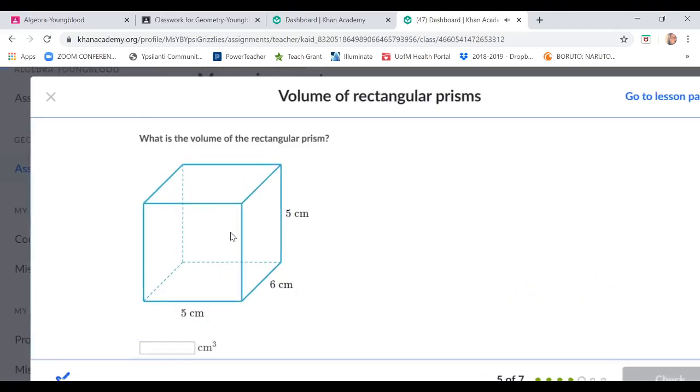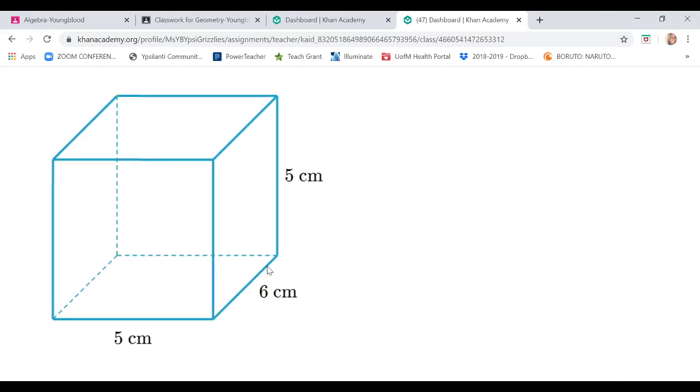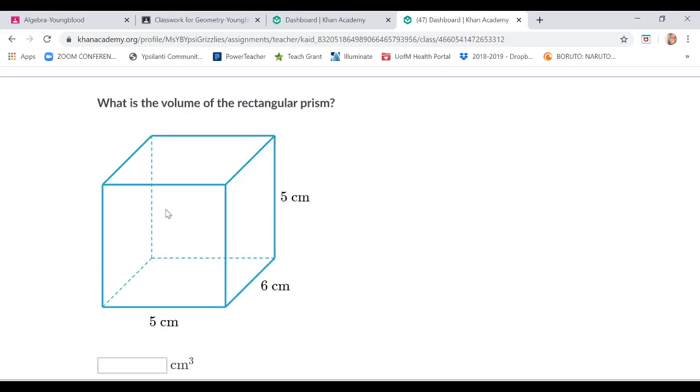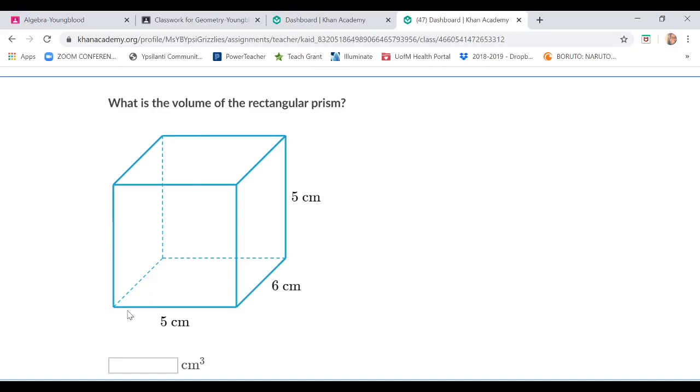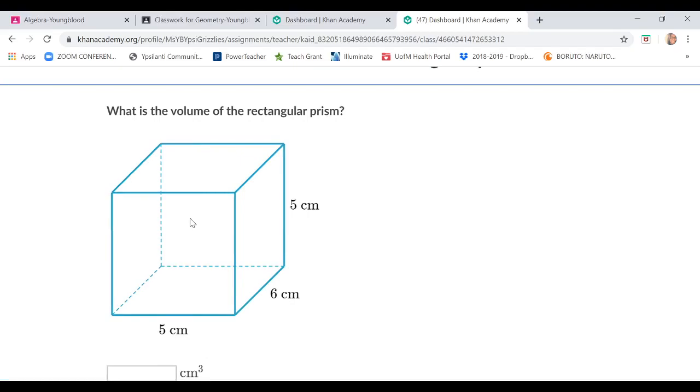Next one. This is a great example of why we don't want to assume all the sides are the same. This looks like it would be a cube, but they actually tell us this length is 6. That's just a side note. Again, we have this rectangular prism. Because this base is a rectangle, these two sides are not the same.